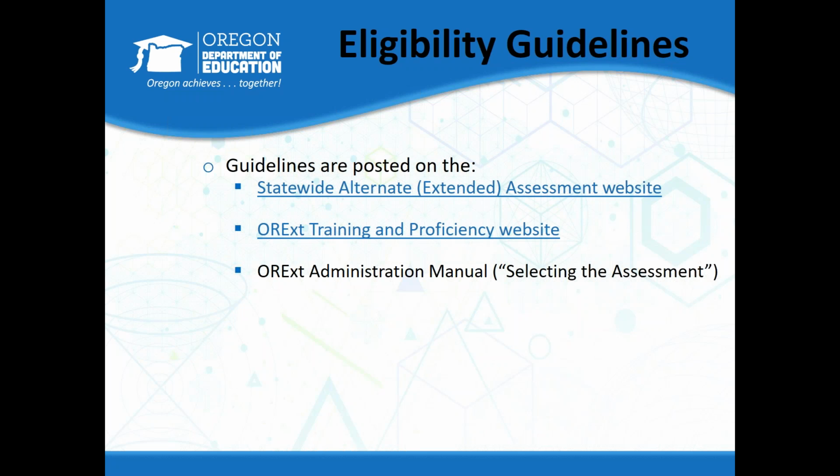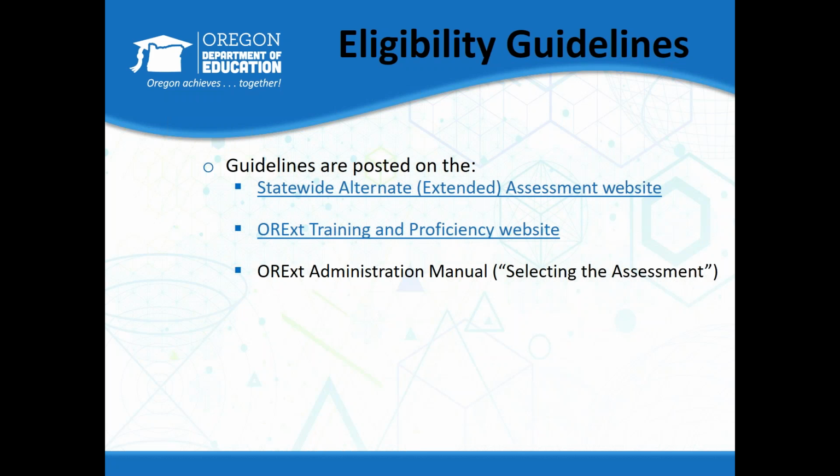Just to highlight a few things regarding the eligibility guidelines, only students with the most significant cognitive disabilities are allowed to take the Oregon Extended, and the guidelines are intended to highlight those features, attributes, if you will, of a student, and to assist, again, the IEP team in making that decision. By no means is it intended to be prescriptive or constrain the team, but to assist in supporting their decision-making efforts in this arena.